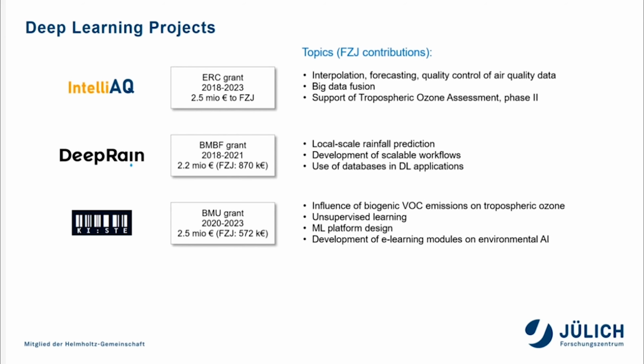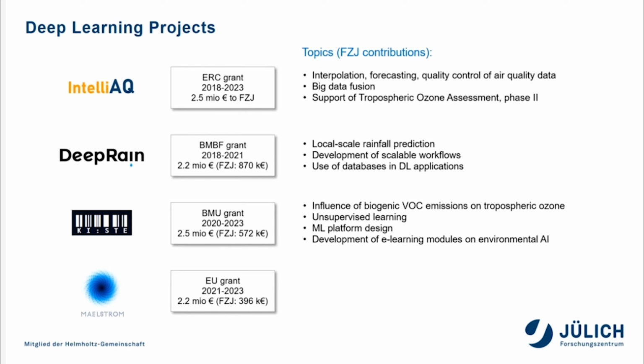And here, the keywords are to have one PhD thesis on the influence of biogenic VOC emissions on tropospheric ozone using machine learning techniques. Another keyword is unsupervised learning, so further developing this mapping approach with unsupervised learning, and then the machine learning platform design, and also the development of e-learning modules on environmental AI. So we're also here collaborating with real software development companies, and also a company who's developing e-learning solutions.